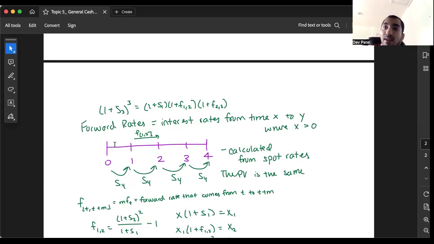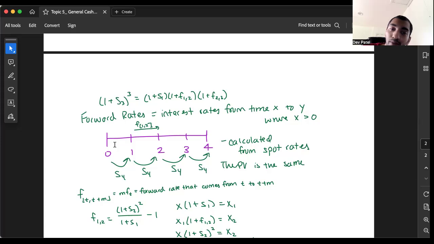What would be the value of that investment at year 3? You can't use spot rates because spot rates only account for 0 to 1, 0 to 2, 0 to 3. You would need some sort of rate that gets you from the value at time period 2 to the value at time period 3. And that's the entire reason why we have forward rates in the first place: how can we get the value between two time periods where the first time period does not start at 0.